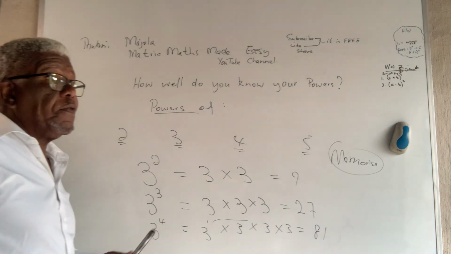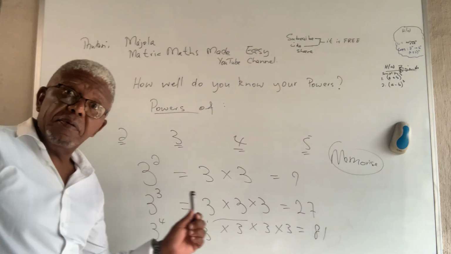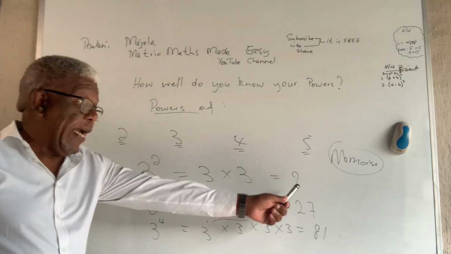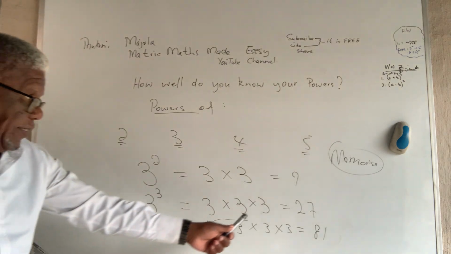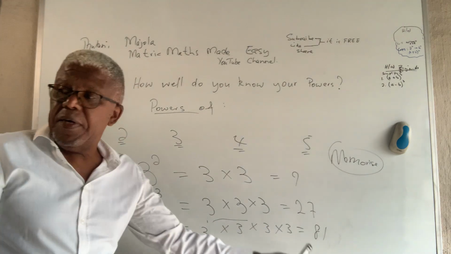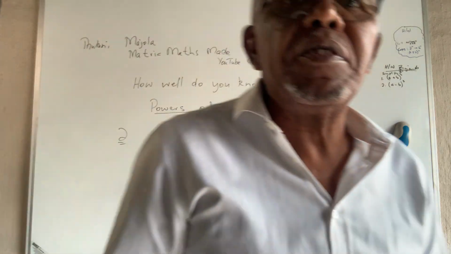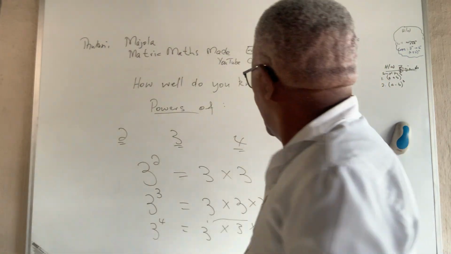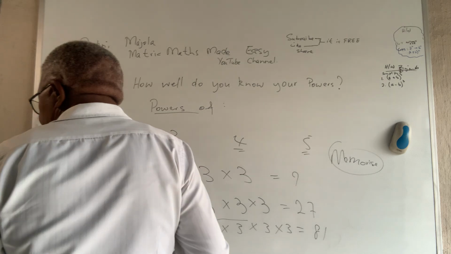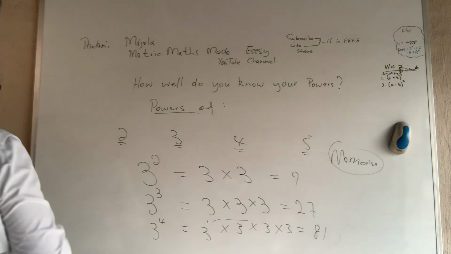For the powers of 3, you need to remember 3 squared is 9, 3 cubed is 27, 3 to the 4th power is 81. When you talk about powers, when you talk about exponents, we're talking about successive multiplication. Let me write it down.